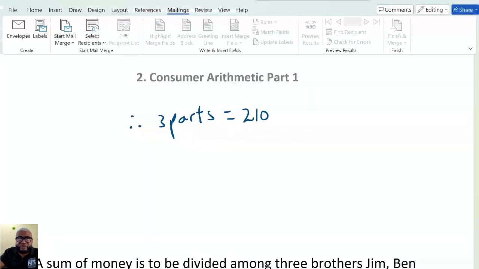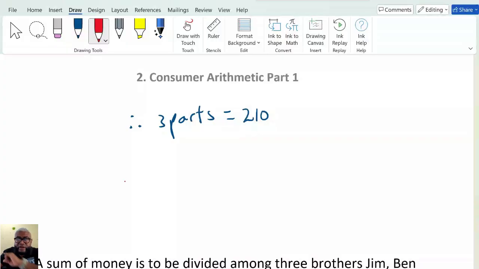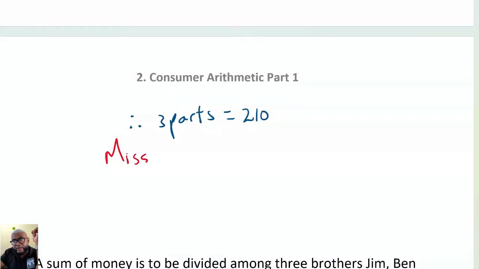So what's the mission statement? What's the mission when we do these ratios? The mission above there: find out what one part is.